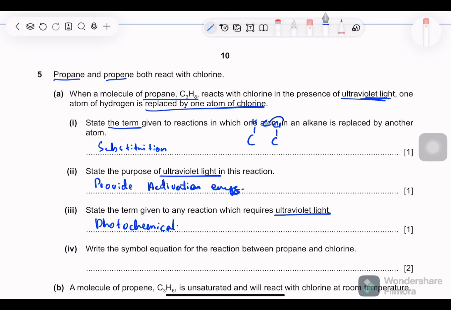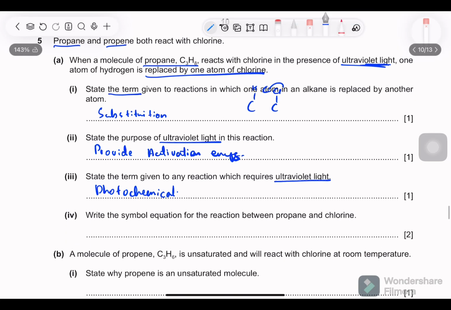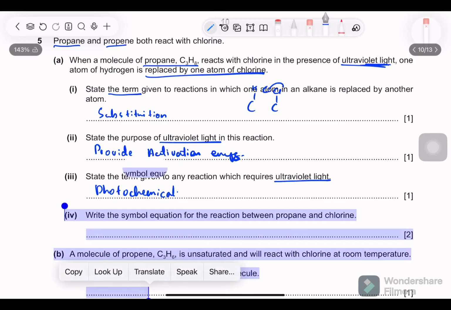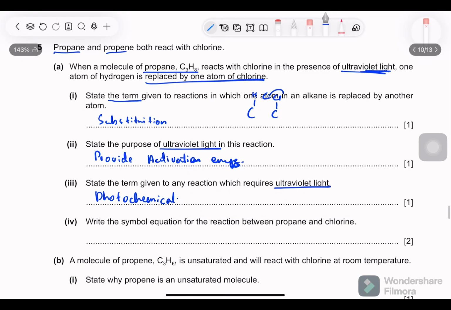So next is write the symbol equation for the reaction between propane and chlorine. So propane is C3H8, I guess they told you. Yes, C3H8 plus Cl2 will give you, when one Cl comes in place of one hydrogen, this will be C3H7Cl.